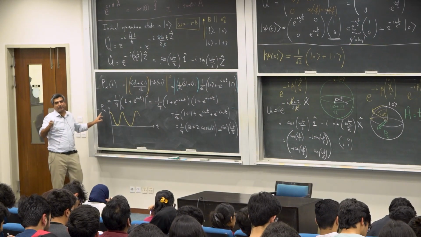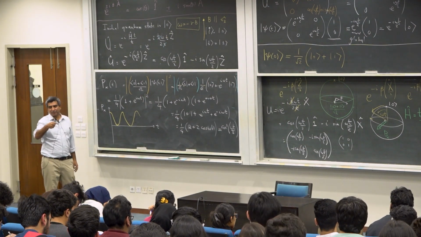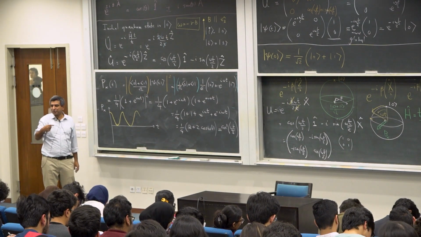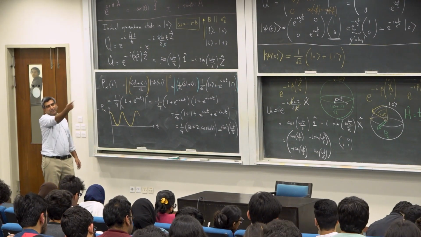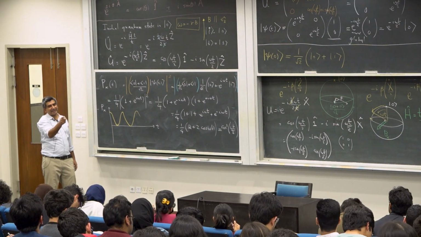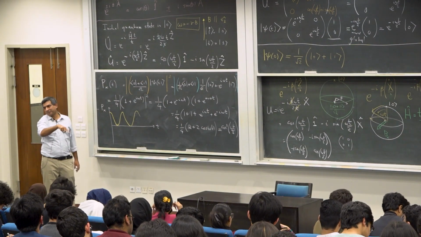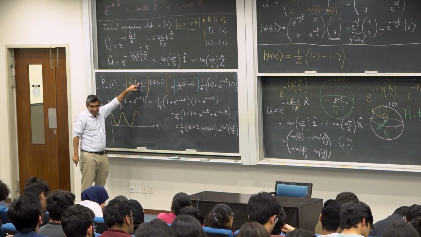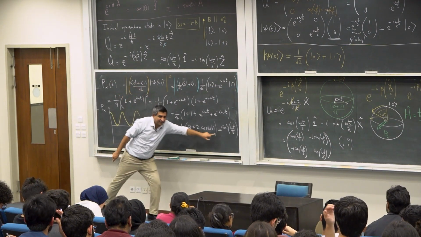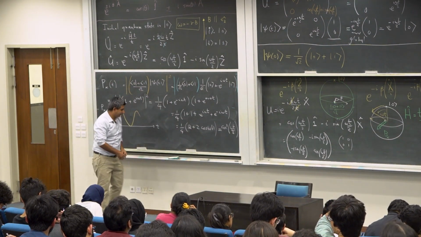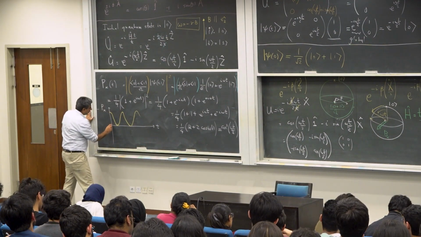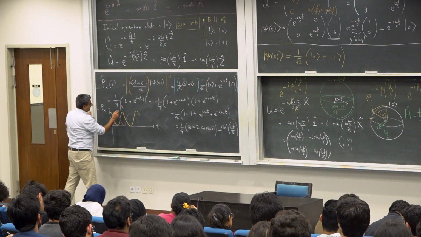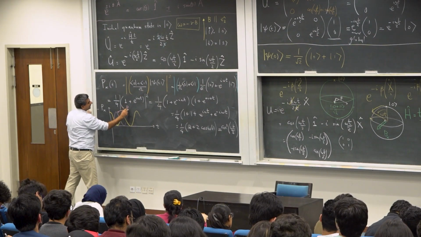This is the probability that I project onto ket 0 plus ket 1. If I were to project onto the orthogonal state, I will just get 1 minus this probability, and you can work it out. If I were to project it onto ket 0 minus ket 1, I will get sine square of omega t over 2 as my answer. So I will get the opposite thing. This is the projection along minus x.